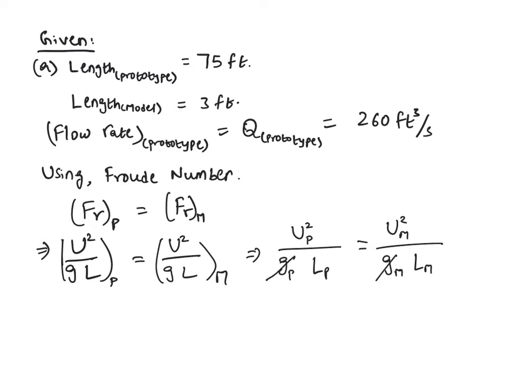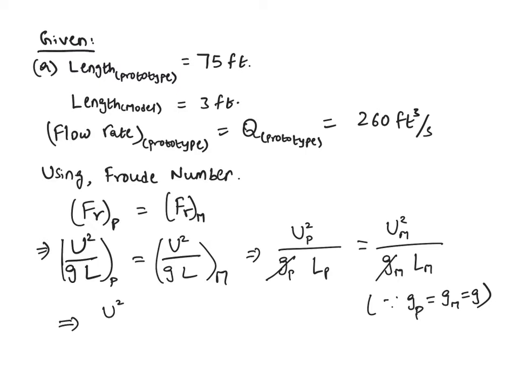gP and gM are, in both cases, be it prototype or model, the acceleration due to gravity, which can be taken as g. So since gP equals gM equals g, they get cancelled on either side of the equation, and hence we are left with the equation.